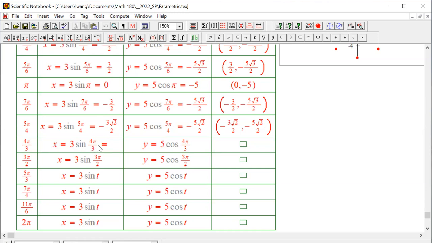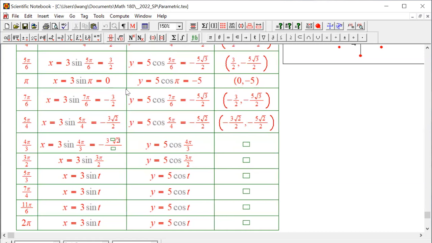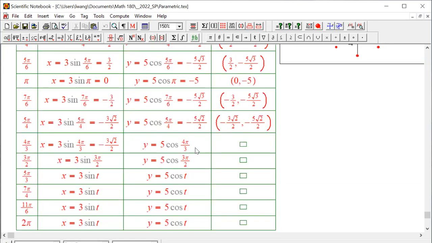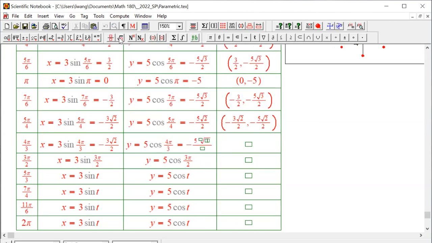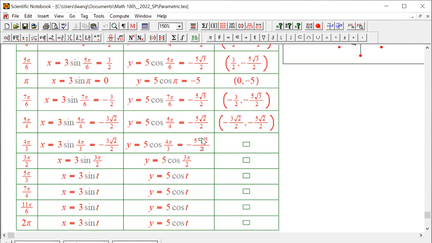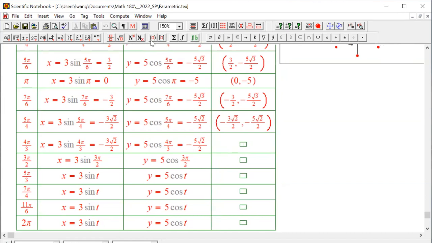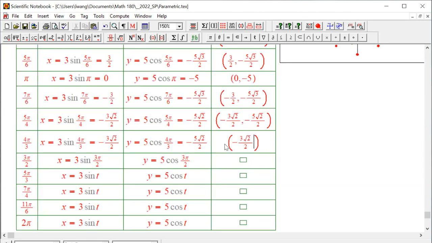And this is going to be -3 times √2/2, and that is going to be equal to -5 times √2/2. So -3 times √2/2, -5 times √2/2.